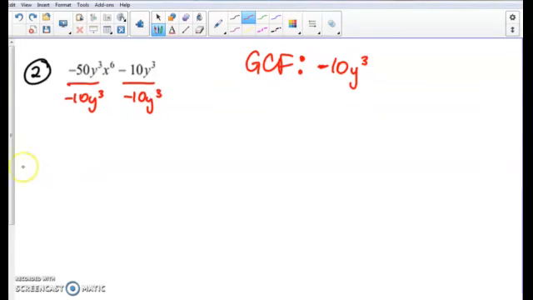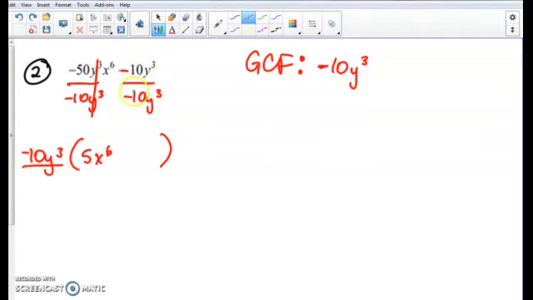There we go. Go ahead and write our answer with our GCF on the outside, negative 10y cubed. Now we'll do negative 50 divided by negative 10 and get positive 5. y cubed being divided by y cubed cancels out, and my x to the 6th just drops down. Alright, now for this one we have a negative 10y cubed being divided by negative 10y cubed.